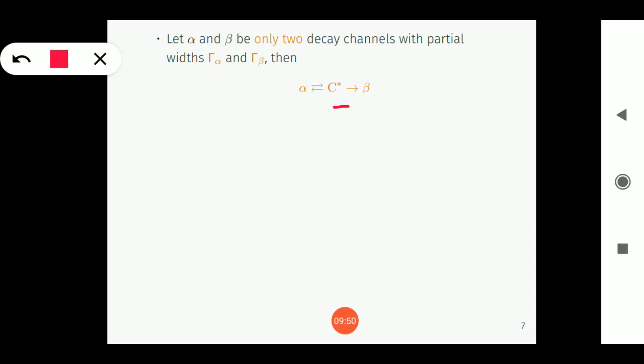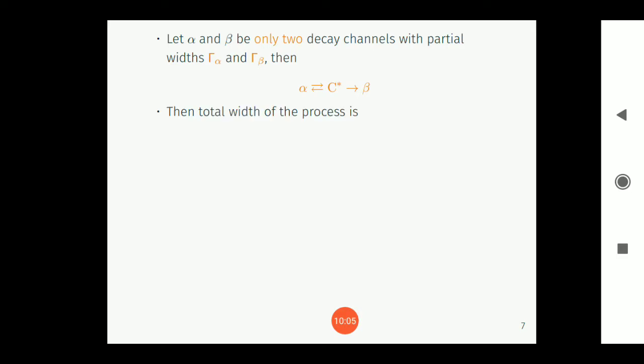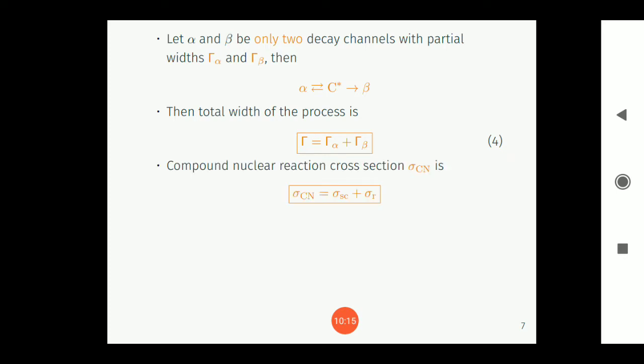After forming this compound nucleus, it can either decay to beta or it can decay to alpha. Now for simplicity, we are assuming only two decay channels for the compound nucleus. So if that is the case, then the total width of the process will be the sum of the individual partial widths, gamma alpha plus gamma beta.